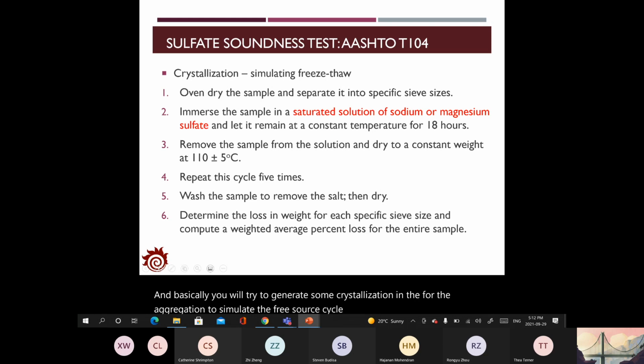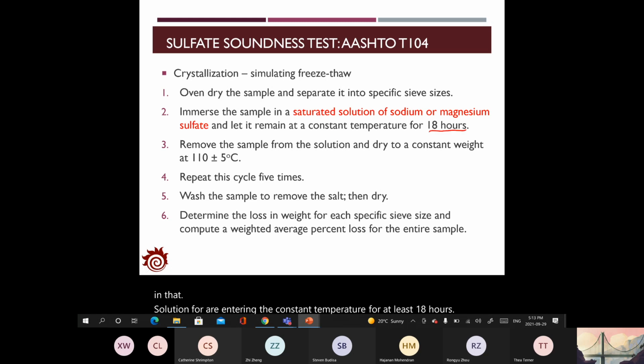In the test, first you need to place the sample in the oven and separate them into particles with different sieve sizes. Then immerse the sample into the saturated solution of sodium or magnesium sulfate, and let them remain in that solution at constant temperature for at least 18 hours.